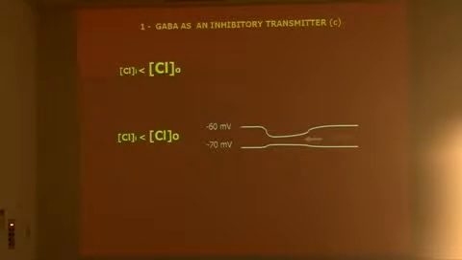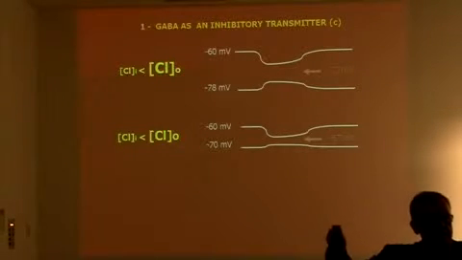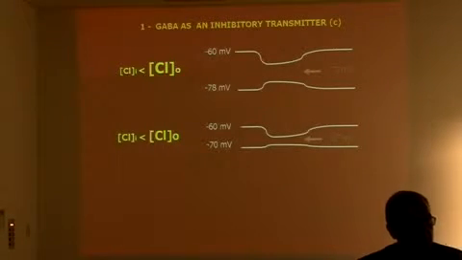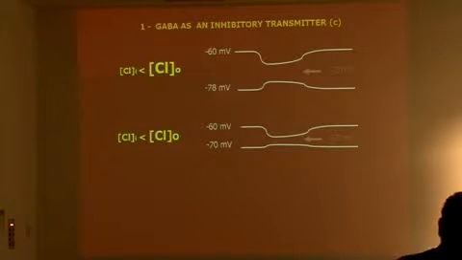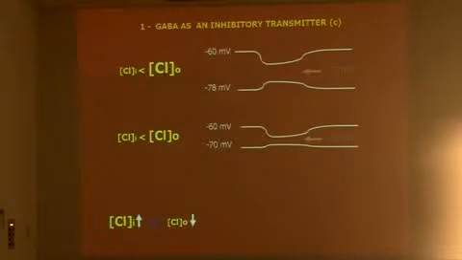Let's see first what happens when the chloride outside increases. What you are going to have is a shift of the reversal potential to a more negative value. And so this IPSP now clamps the cell even lower, making it more difficult for an EPSP to excite. And what happens when the chloride inside goes up relative to the one outside?